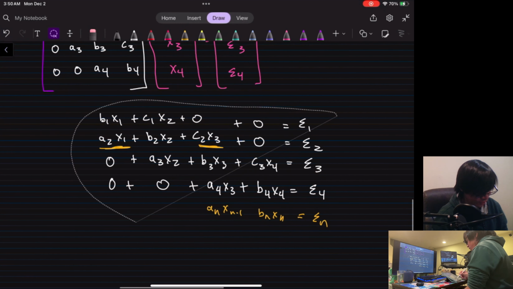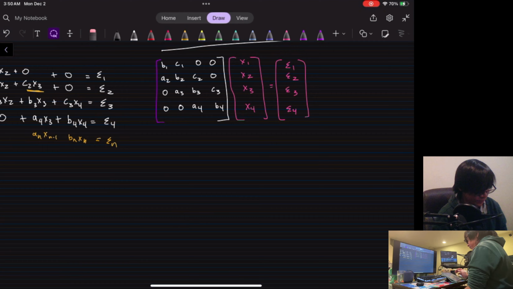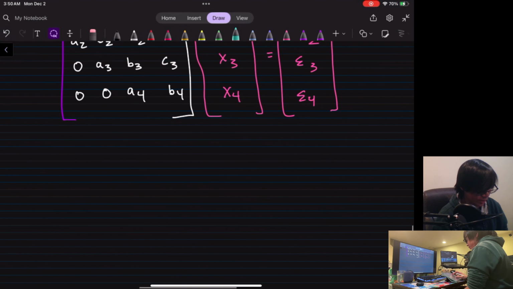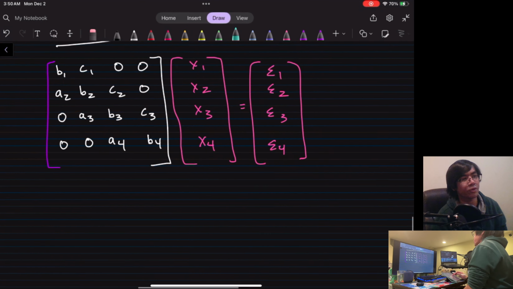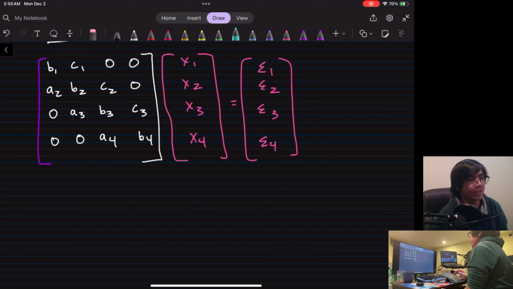Now we're trying to solve for all of those X components. To do that, I'll move that to the side. We can focus more on the leftmost matrix and the rightmost matrix.